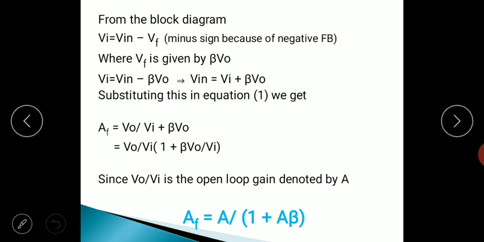If I substitute Vf equal to beta times V0, it becomes Vi equal to Vin minus beta times V0. Rearranging the terms, we get Vin equal to Vi plus beta times V0, that is, the source input applied will be equal to Vi plus beta times V0.